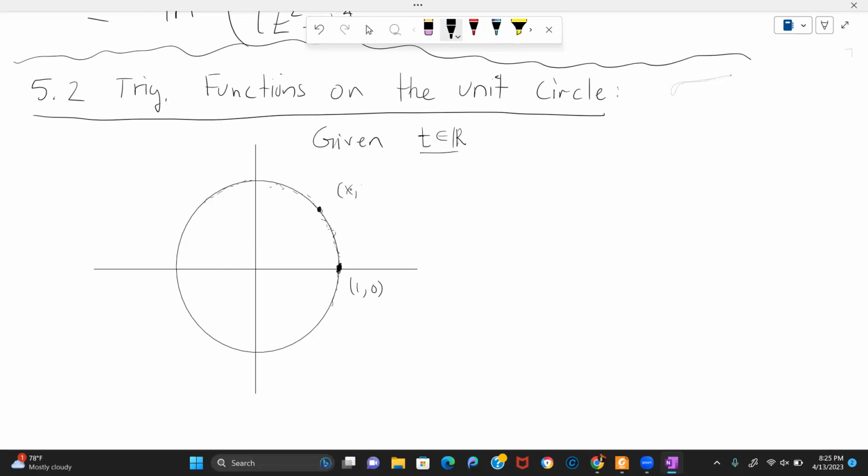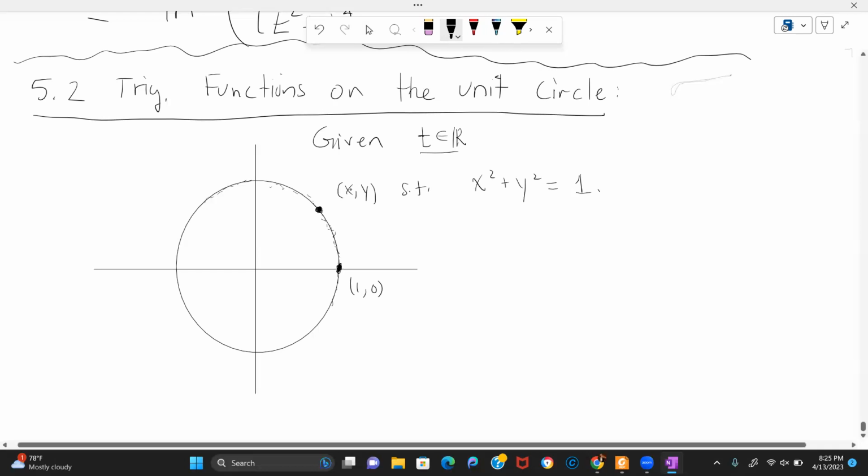This determines a point (x, y) on the circle, such that x squared plus y squared is equal to 1, because a point (x, y) is on the unit circle if and only if this equation is satisfied.